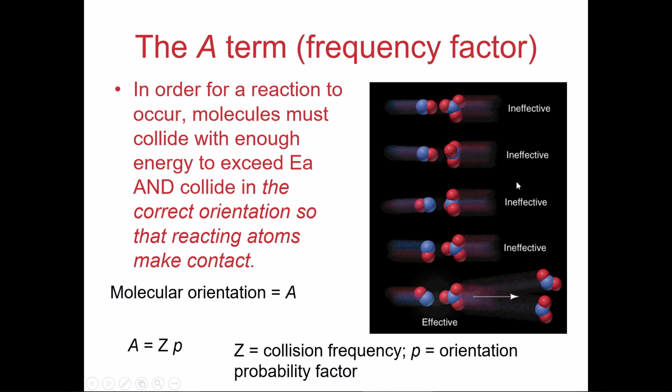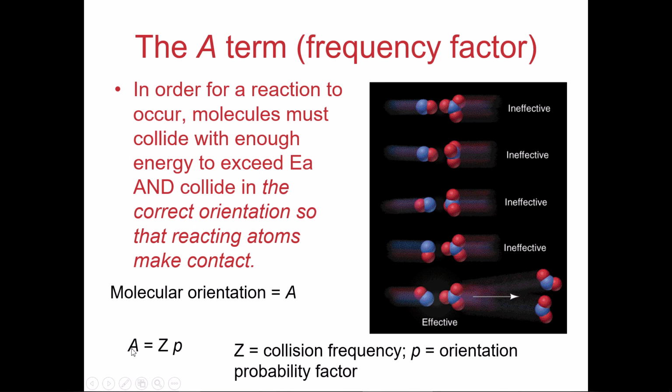So that would be our orientation probability factor, 1 out of 5. Now if I only have 10 collisions, 10 times our 1 out of 5 would say I have 2 effective collisions. But if I have 1,000,000 collisions, using that same 1 out of 5 ratio, means I would have 200,000 effective collisions. So the total number of collisions you have is very important, and that's where the Z comes in.